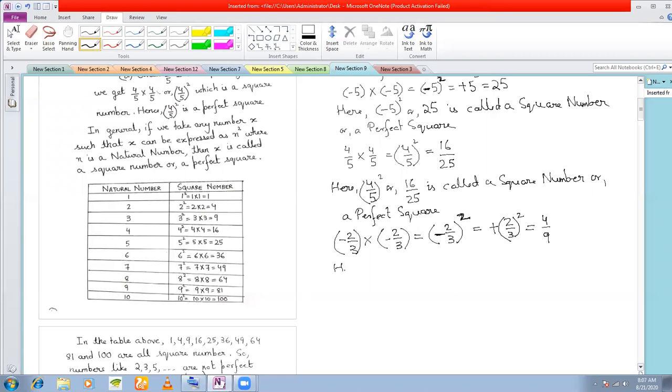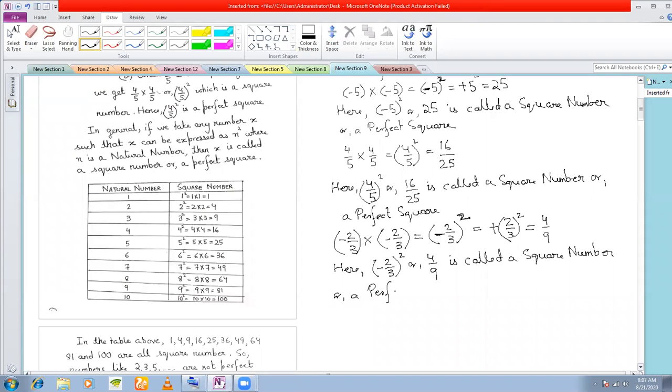So here minus 2 by 3 square or 4 by 9 is called a square number, or a perfect square.